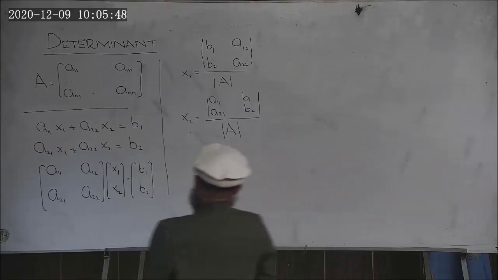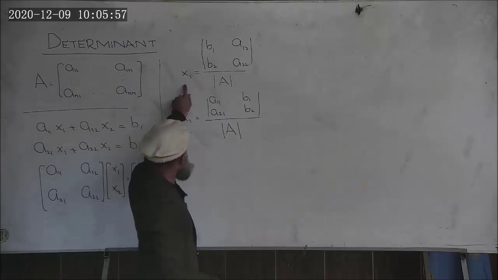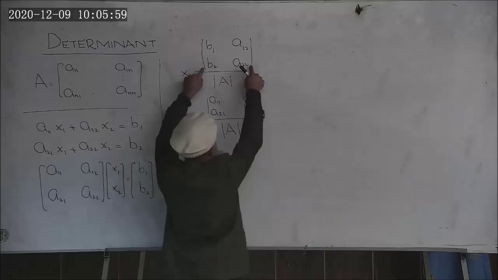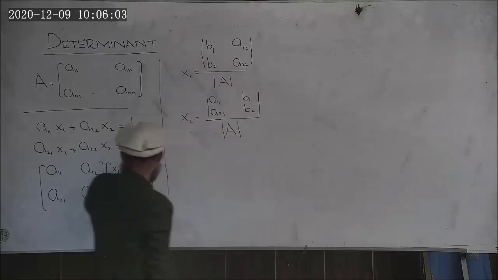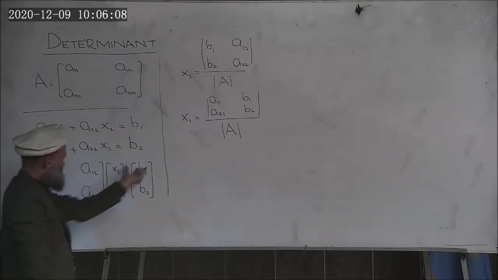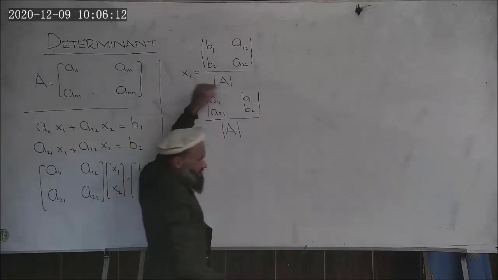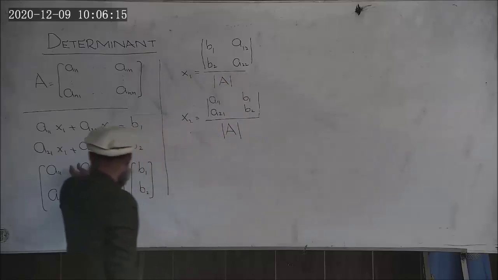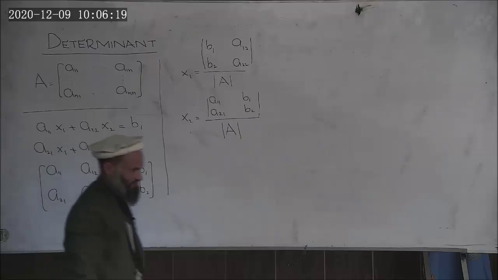So Cramer's rule states that for a system of equations given by this matrix form, x1 is obtained by the determinant of this matrix. What is this matrix? This matrix is obtained by replacing the first column by the right hand side, and this determinant is obtained from this matrix by replacing the second column by the right hand side.